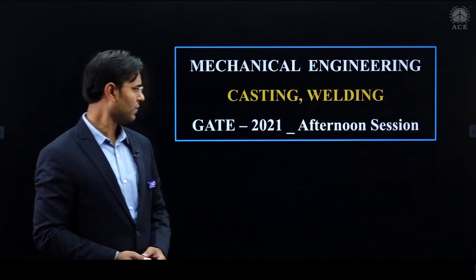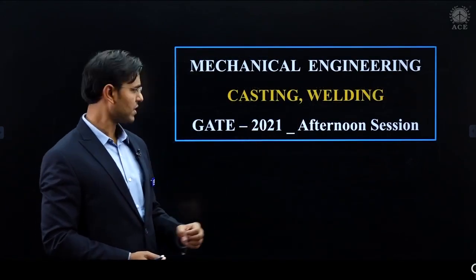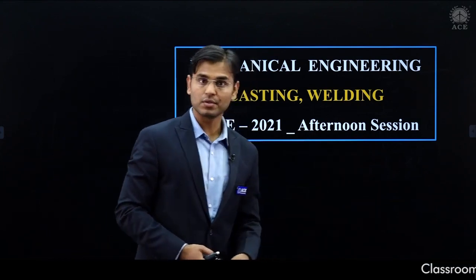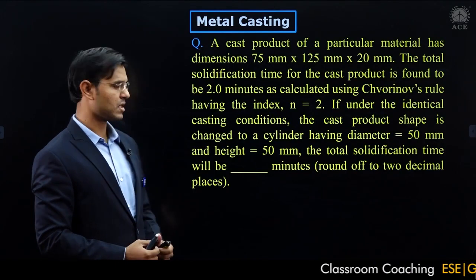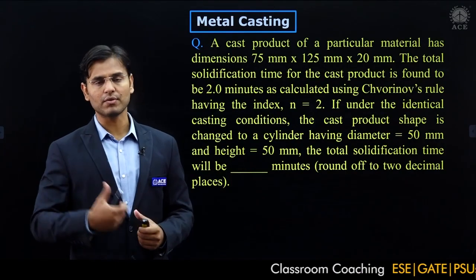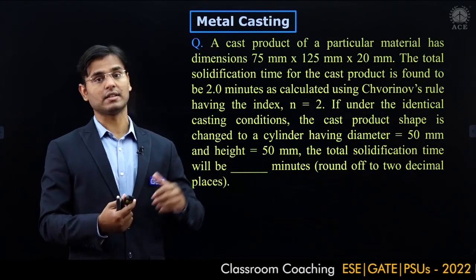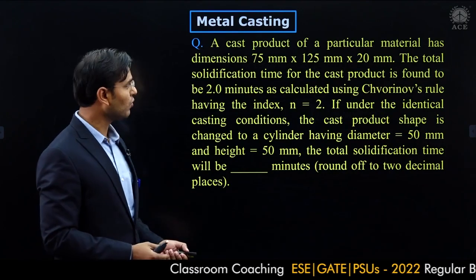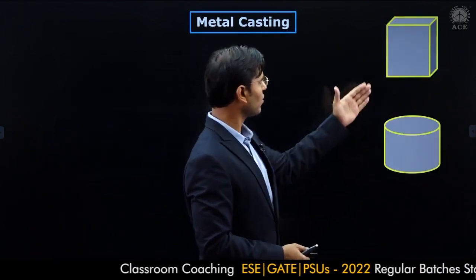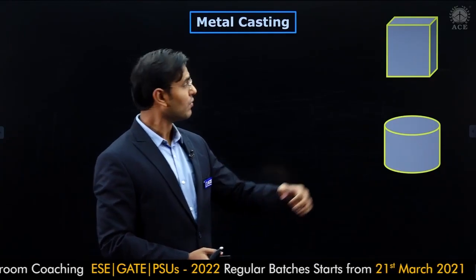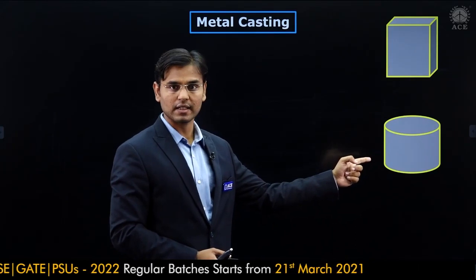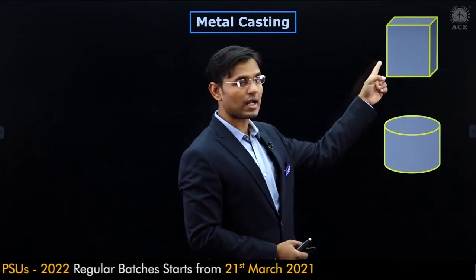Now see the solution of the casting and welding GATE questions asked in the afternoon session. Just see the first question asked on casting. Before starting, in this question two volumes are given, and the solidification time of the first casting is given.